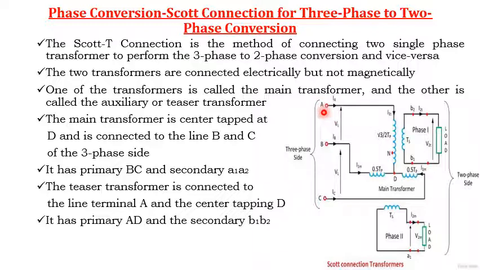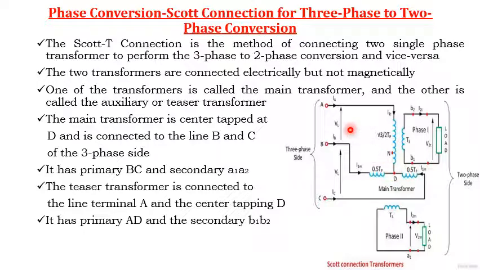Similarly, for the teaser transformer, the primary winding is A to D and the secondary winding is B1 B2. The connections are made in such a way that the main transformer primary winding is equally divided, so each half is represented as 0.5 times TP. Then it is center tapped at point D.